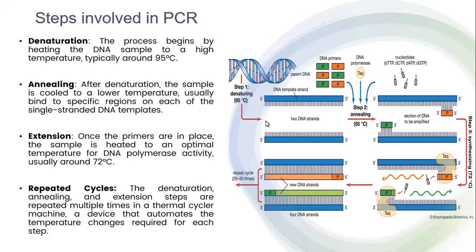So for example, when you do a PCR test for COVID, if you have the virus present, then the primers would recognize that genetic material, and it would bind in this step. If you don't have COVID and you do a COVID test through PCR, then the primers would not anneal because the primers are complementary.